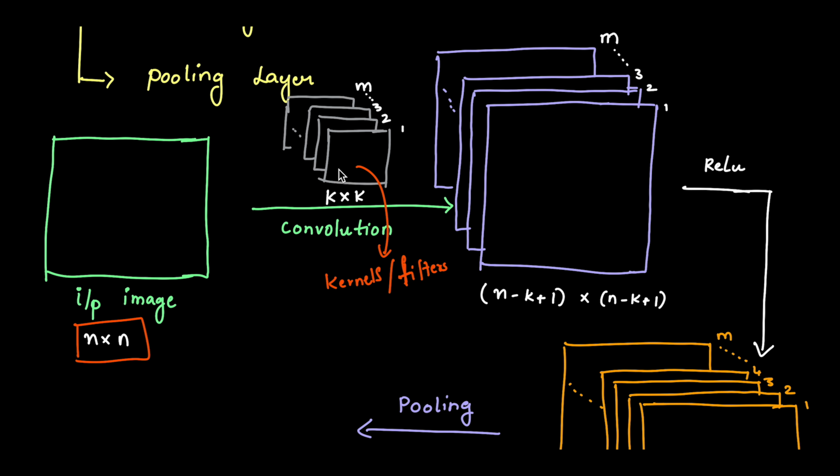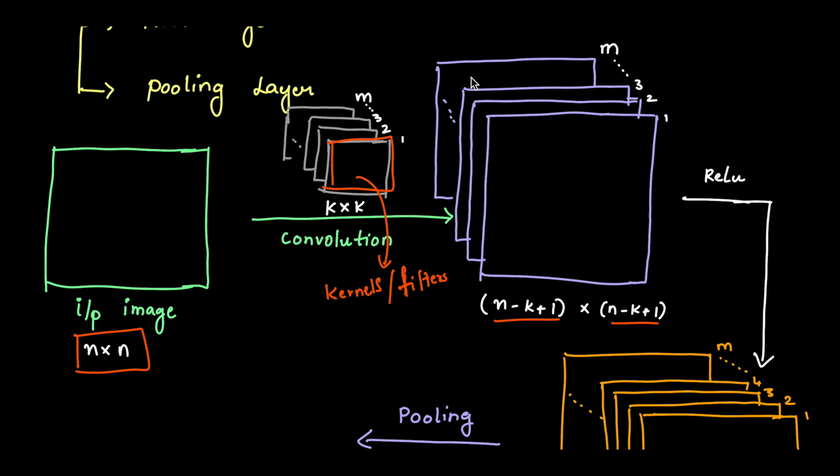For each kernel, we'll apply the convolution operation. On this input image, with the help of the first kernel, we'll get the first output of size n minus k plus 1 cross n minus k plus 1. As we have m kernels, we'll get m such outputs. This will be the output that we get from the convolutional layer.